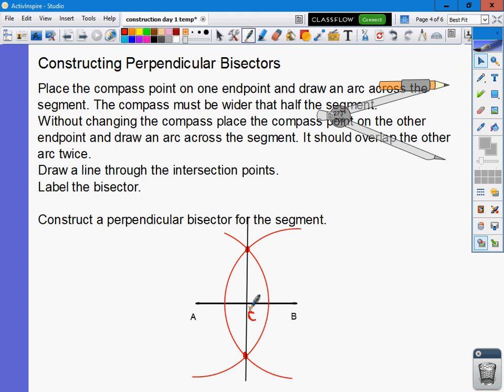I'm going to label that point now where it crossed this line as C. Segment AC should be the same as segment CB. These two should be equal. And this angle here should be 90 degrees.